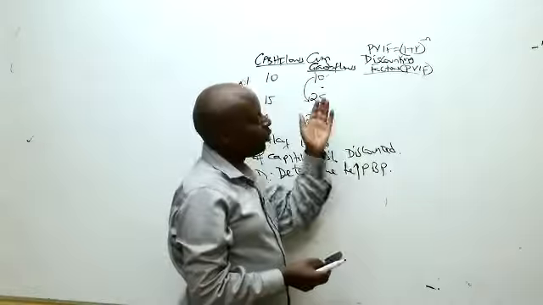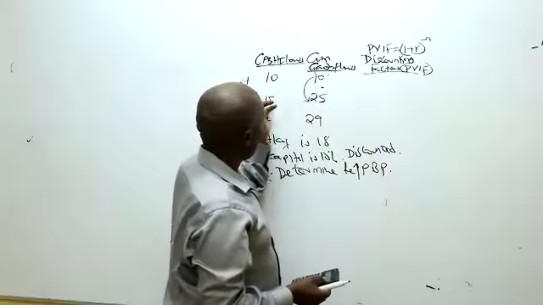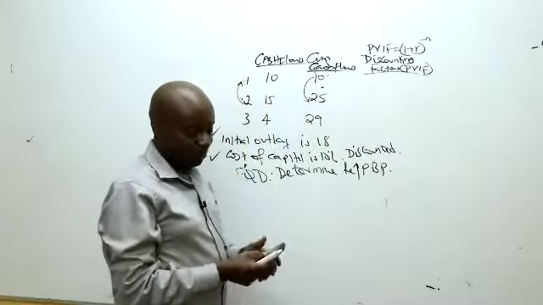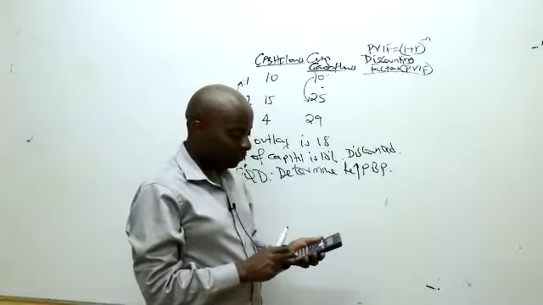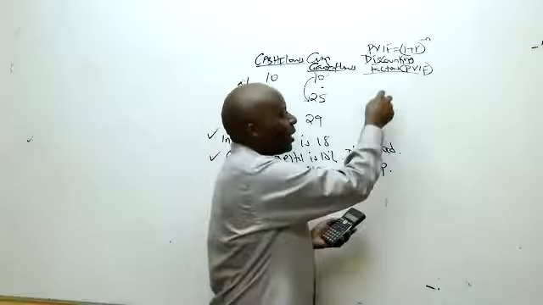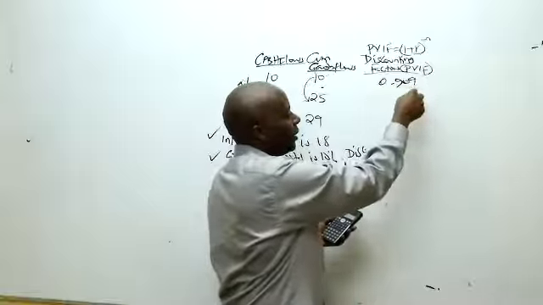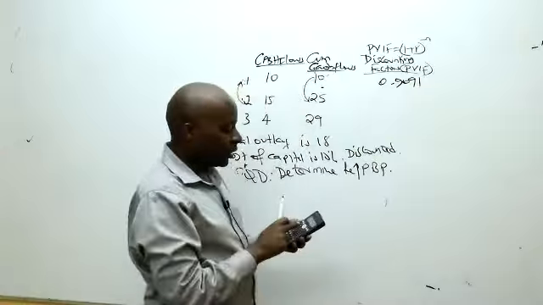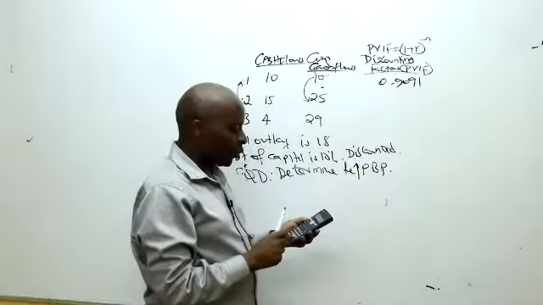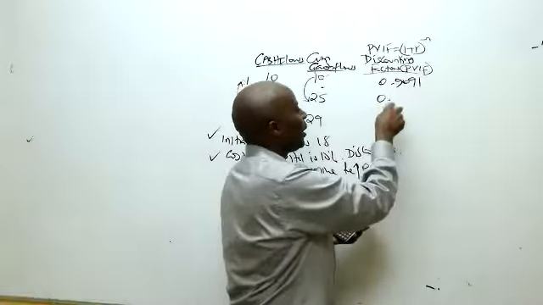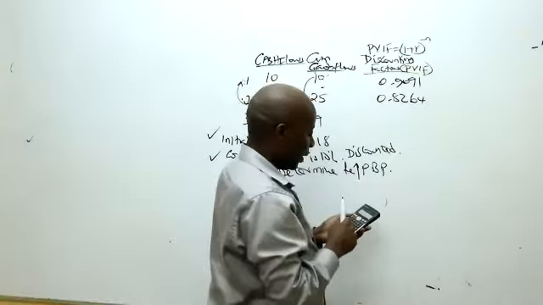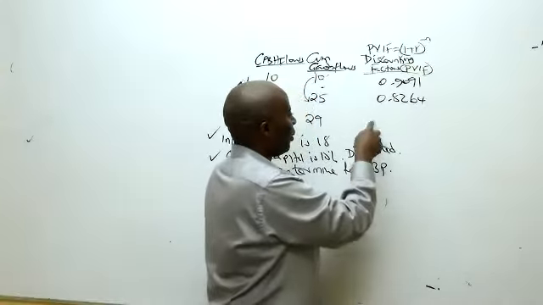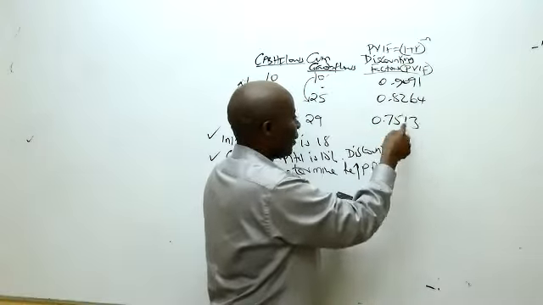So then this will be 1.1 raised to, the first period here is 1. So we have there 1.1 raised to -1, which will give us what figure, somebody here? 0.9091. The same raised to -2 will give me 0.8264, raised to power 3, which will give me 0.7513.